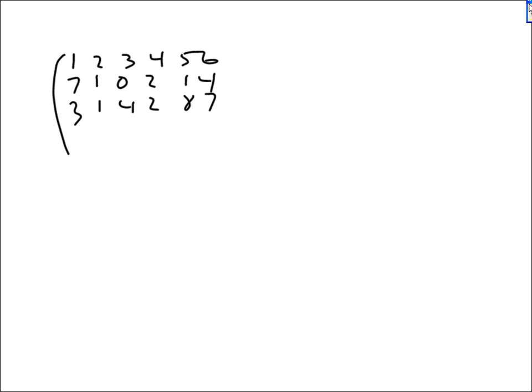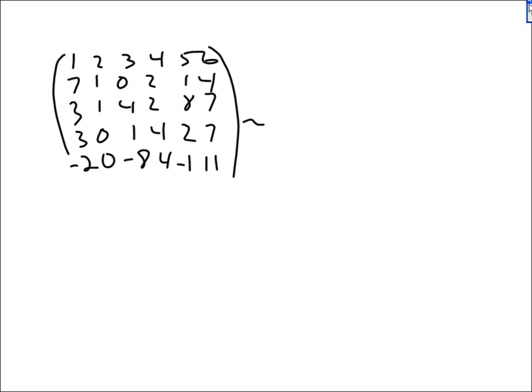So I'll put down a matrix. I'll randomly say it's row equivalent to another matrix in RREF form, which most probably will not be true. 7, 1, 0, 2, 1, 4, 3, 1, 4, 2, 8, 7, 3, 0, 1, 4, 2, 2, 7, -20, -8, 4, -1, 11.